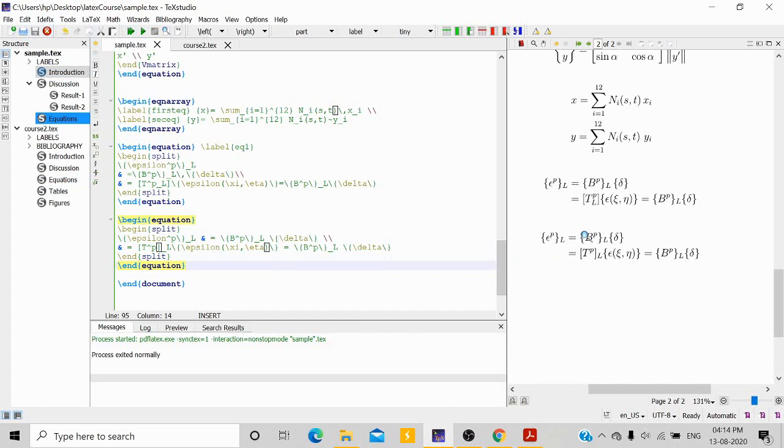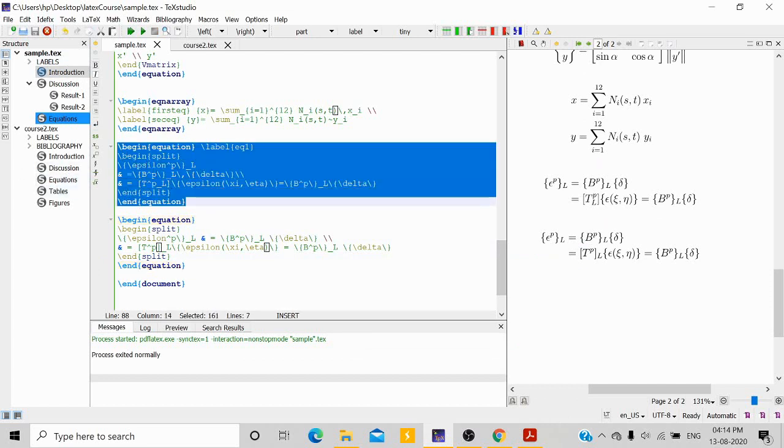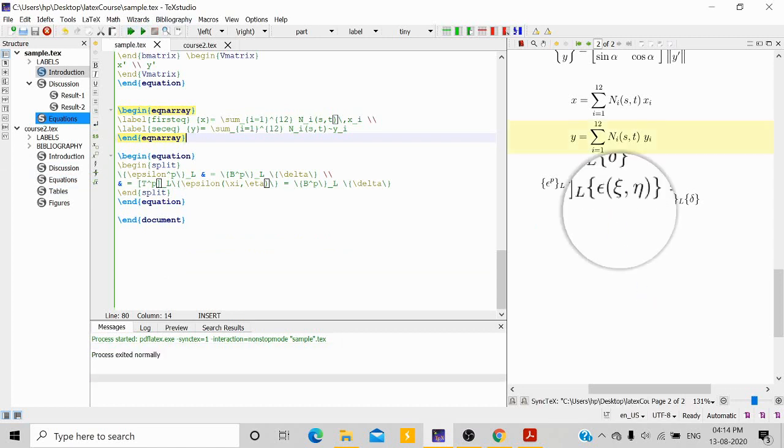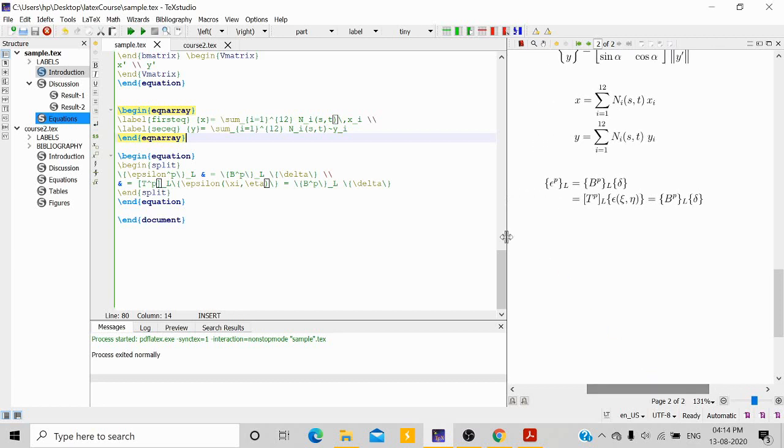Now you can see the same thing, so I'll just delete the above one. Now I wrote this equation, it has come as 8.